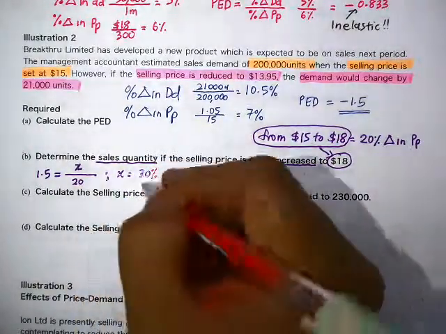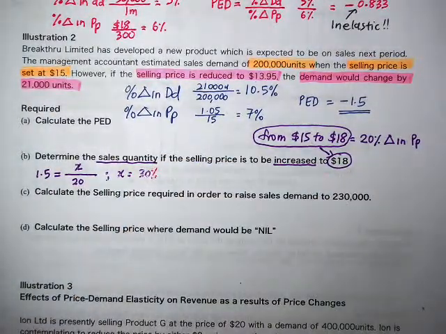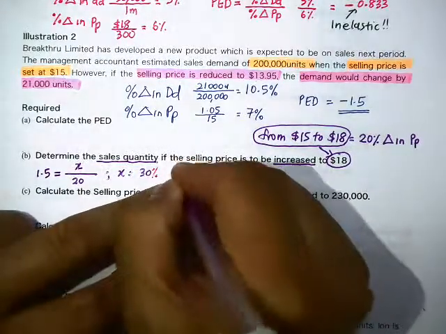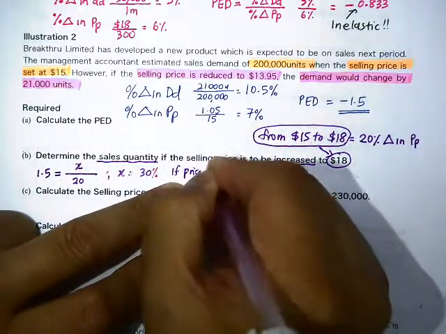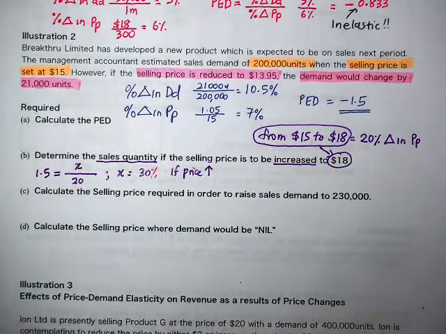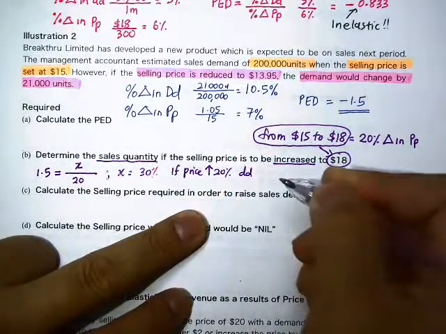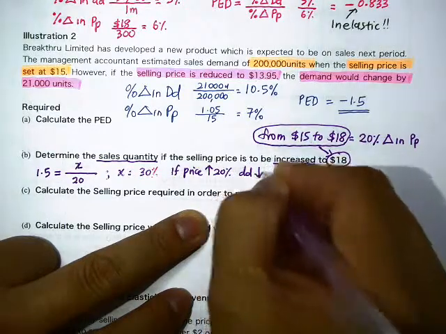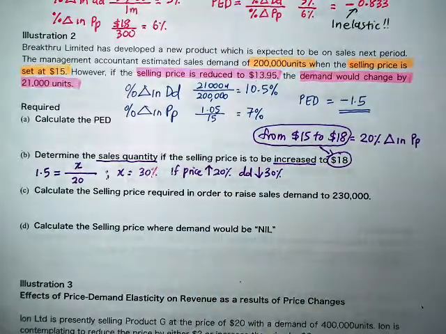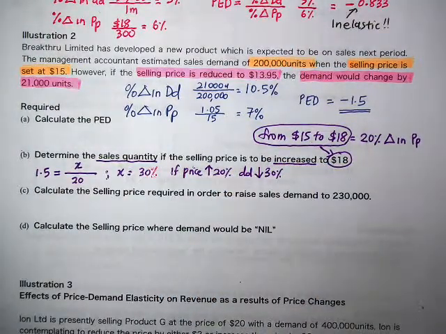Now if you know that 30 is percent, meaning if price goes up 20%, demand does what? Falls by 30%. Why must it fall? Because it's negatively correlated.